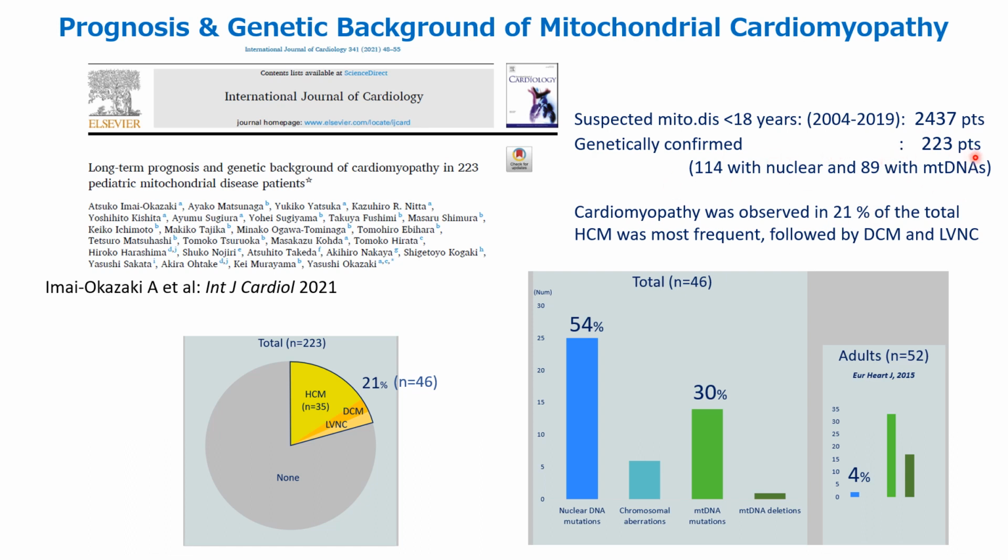So cardiomyopathy was observed in 21% of the total, and HCM was the most frequent, followed by DCM and LVNC.